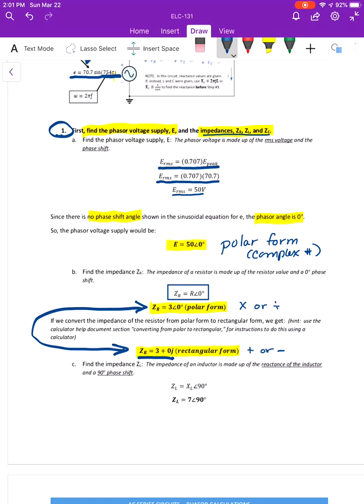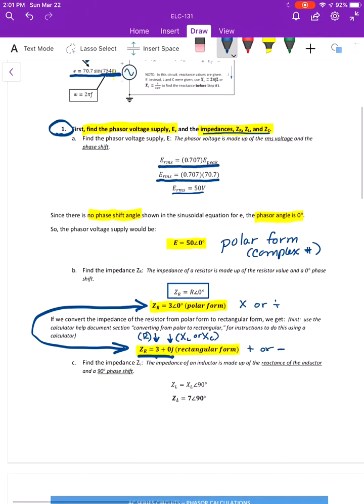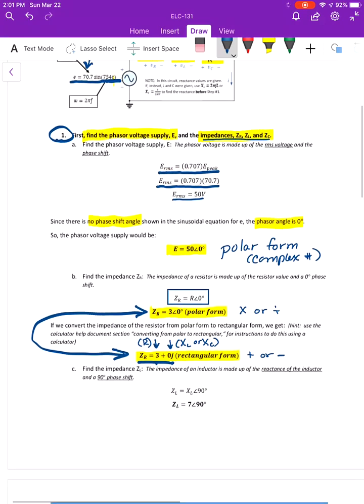Your resistance is always going to be the X value, and the Y value is always going to be your reactance, either your inductive reactance or your capacitive reactance. So the real or X value here is the resistor, and the Y value is either XL or XC or a combination of the two.